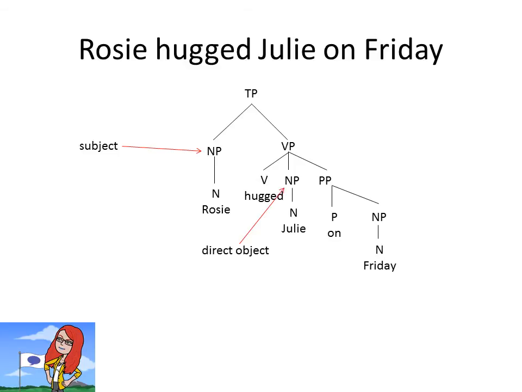The second definition of the direct object we will see at another time. Carnie also discusses the object of a preposition as an NP daughter of PP. So in our example, we look for the mother, PP, and find its daughter, Friday, and we can mark that as the object of a preposition.